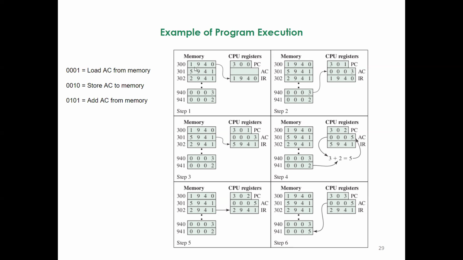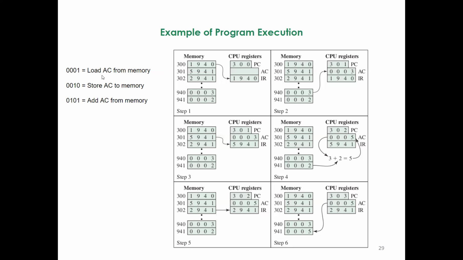You have memory with addresses 300, 301, 302, and then there are instructions stored in each location, and then there are CPU registers: PC, accumulator, and IR. Then you have opcodes here.